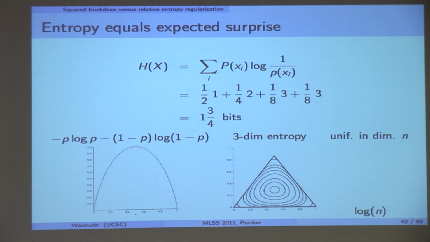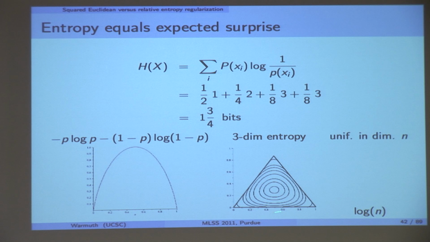So the highest entropy is when it's the uniform distribution. You don't know anything. Your expected surprise is the largest. At the corners of the simplex, your entropy is 0. So it's something that sits on top of the simplex where the corners are 0. Here's a 1-dimensional simplex, which is just a line, and it's 0 at the ends. Got the idea? OK, good.